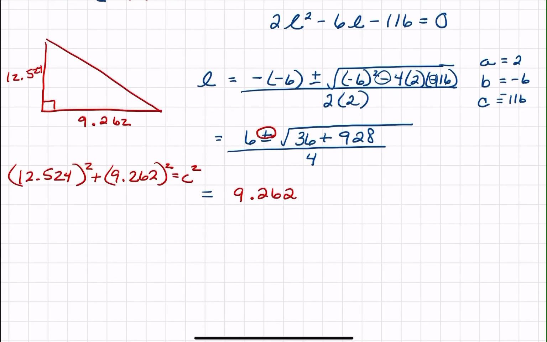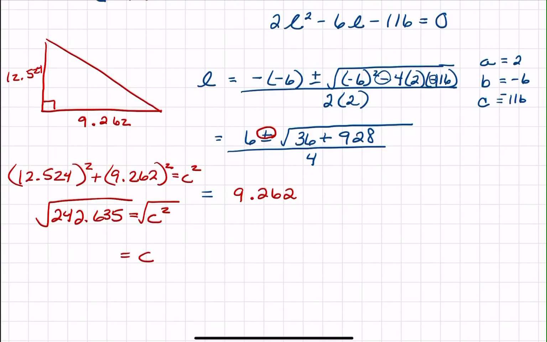And when you plug that into the calculator, I'm going to have 242.635 equals C squared, and then I'm going to square root both sides.